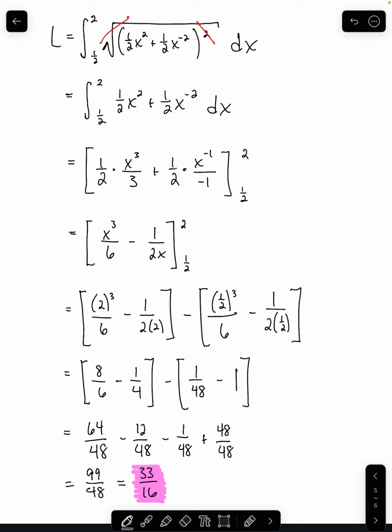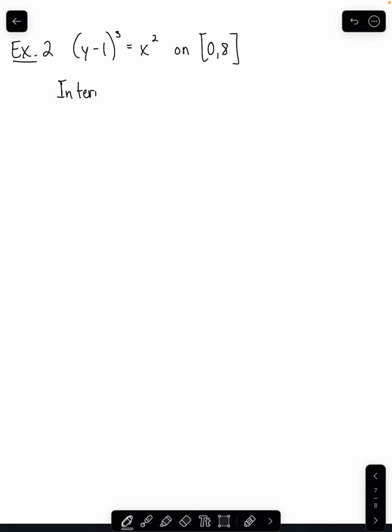We could do it, again, in terms of x. To do that, we would have to solve this for y, which would include doing the cube root on both sides, and then adding 1 to both sides.